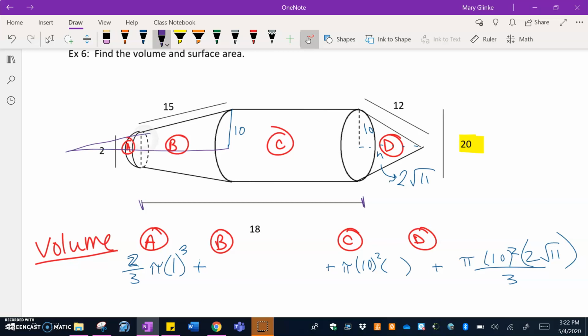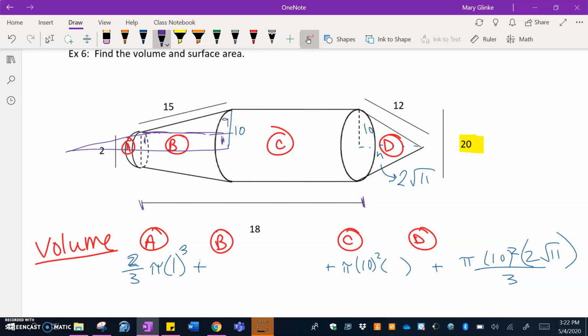Now, since this radius here is 1, the other one is 10, we actually can kind of draw this in. I know it's not to scale at all, but there's a little cylinder here. This part here should be 1, which means this portion over here would be 9. Again, it's not to scale, and I get that.